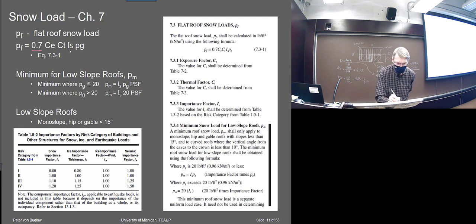And then there is this importance factor that we talked about earlier. Here it is for snow, all right? So depending on your category, this is what we talked about right way back at the beginning. If you're an emergency facility, if you're a fire station, you get 20% higher. If your garage, I don't know.